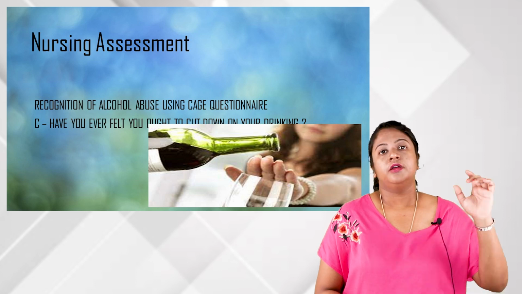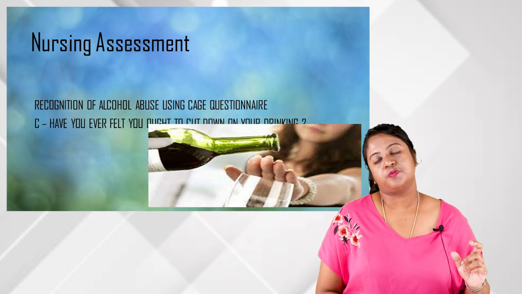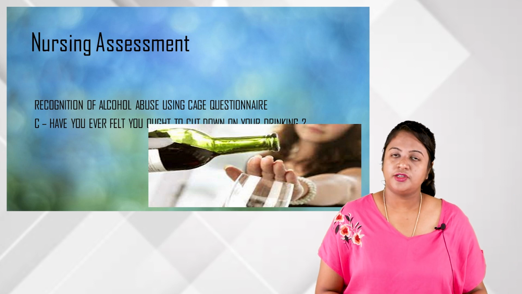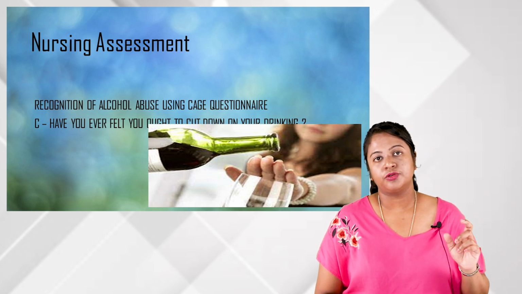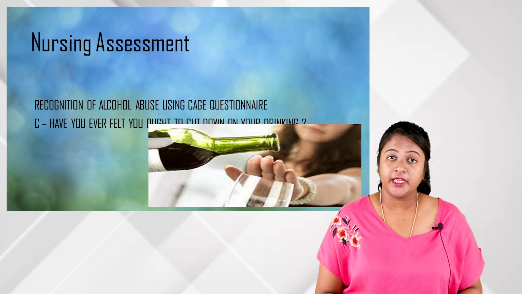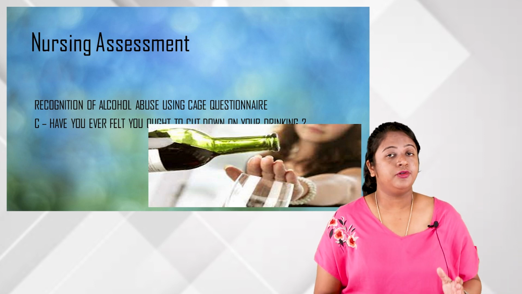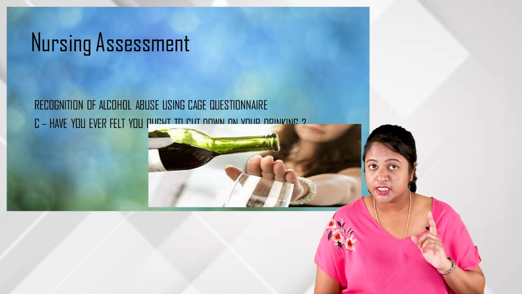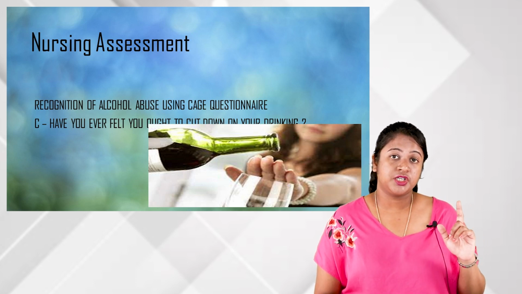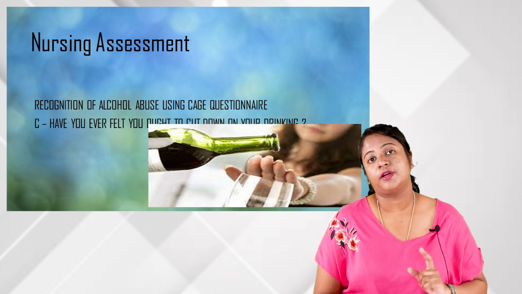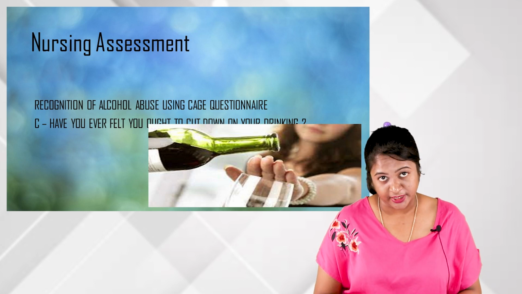The alphabet C corresponds to the question you're going to ask the client: have you ever thought of cutting down your drinking? So that is the first alphabet, C, cut down. Have you ever had the thought to cut down the habit of drinking?